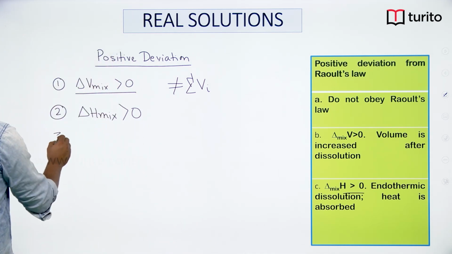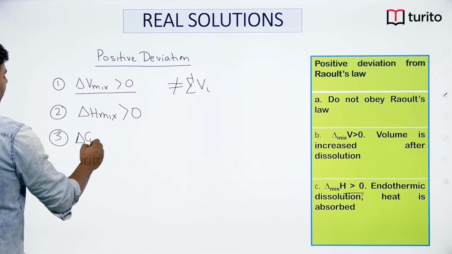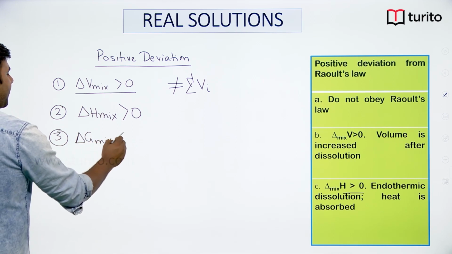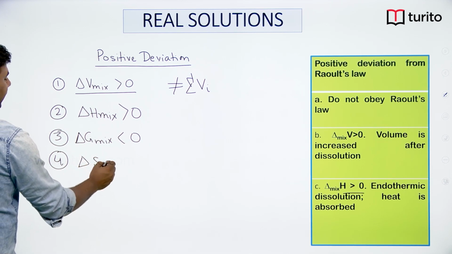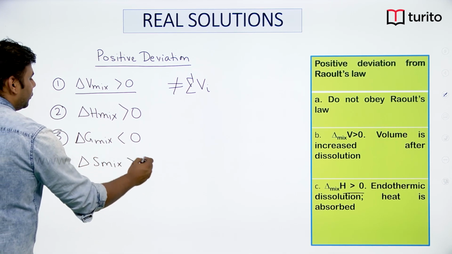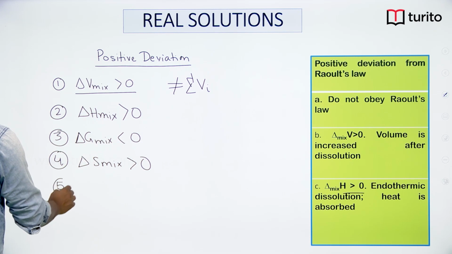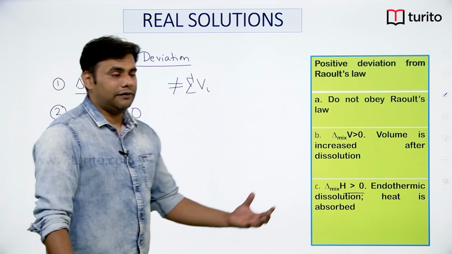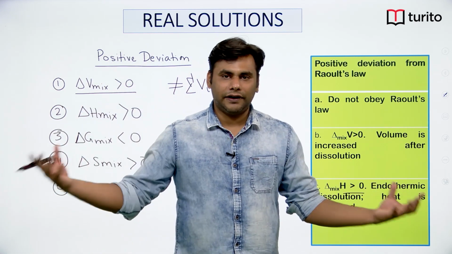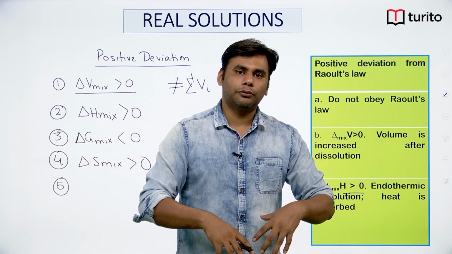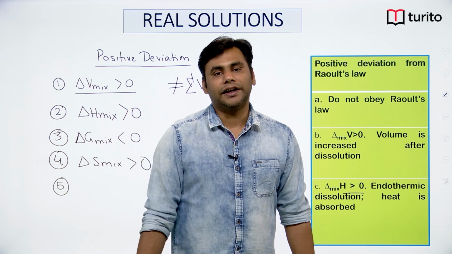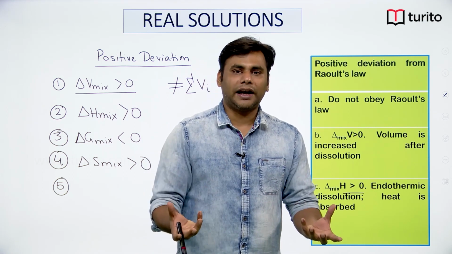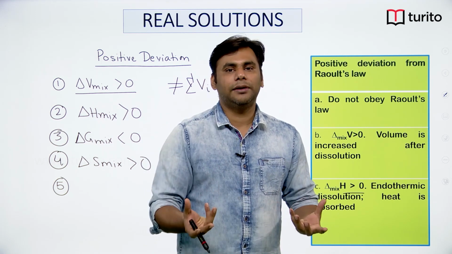Okay, delta G mixing is again less than 0. Okay, and delta S mixing is greater than 0. Okay, one important thing which we can say over here is, now when we have taken only AA and we have taken only BB, when we have mixed both of them, we are saying that the interaction between AB is weaker.